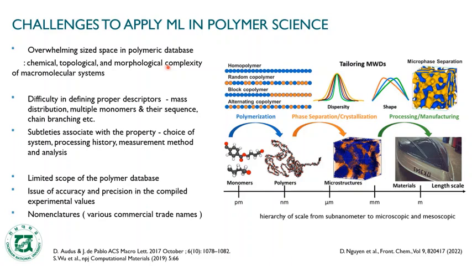Furthermore, in a single bulk system, there are variations from polymer chain to chain in their molecular weights, or if it's a random copolymer, the monomer sequence can vary between chains, and all this raises difficulty in defining proper descriptors for polymer systems.